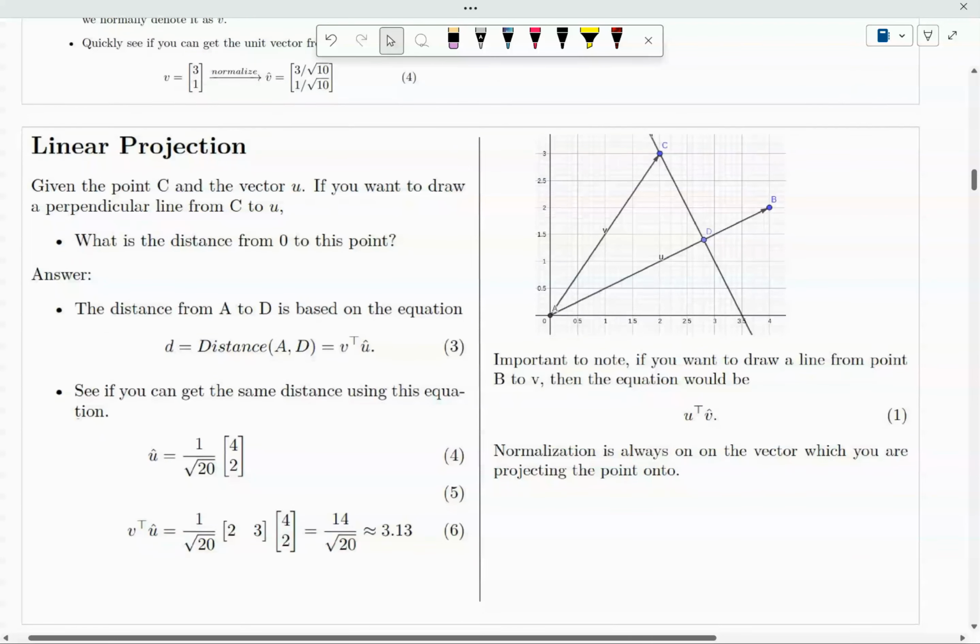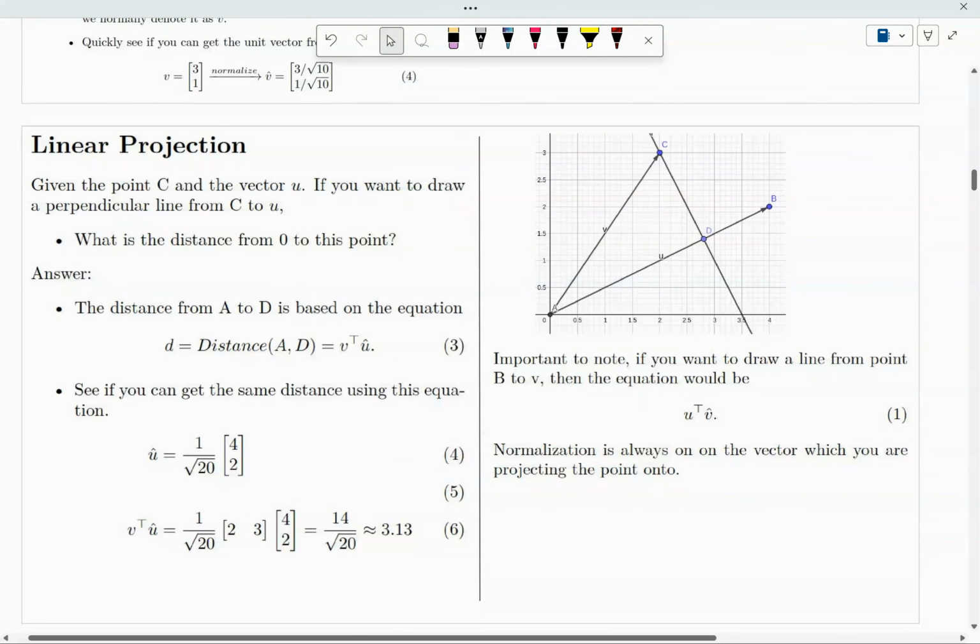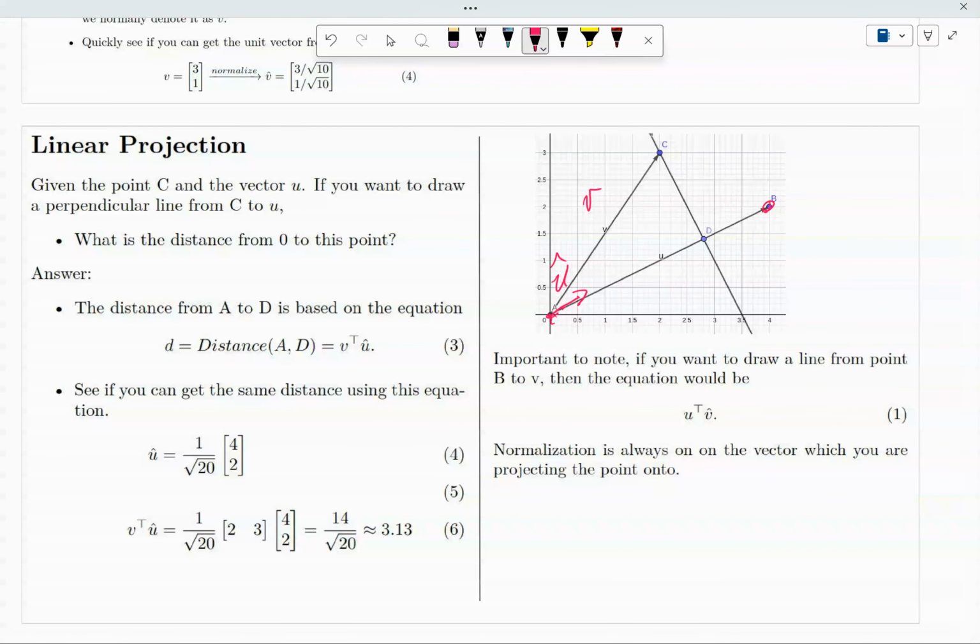All right, so when you do linear projection, if you're trying to find this distance here between 0 to D, all you have to do is take, let's call this U and we'll call this V. All you have to do first is to find the unit vector of U. So U is a vector here, but what you do is you find the unit vector.